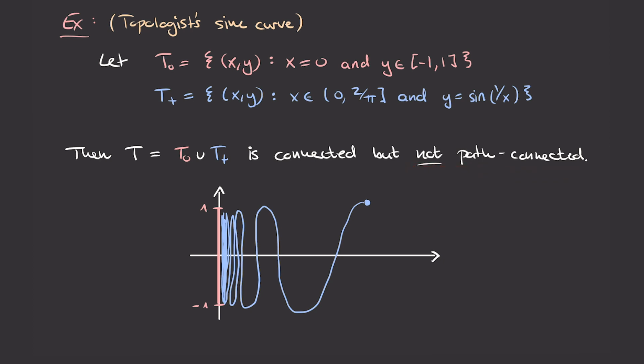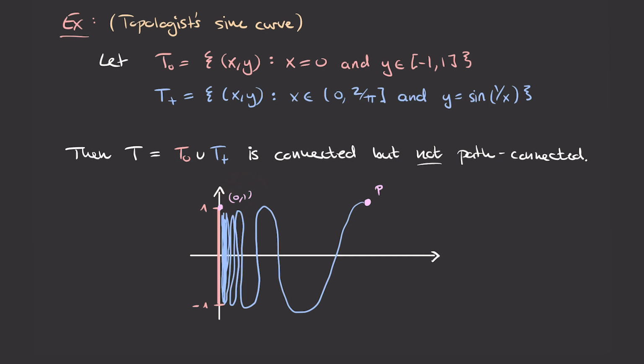The reason for this is that there are two points in T, for example this point here, which I'll call P, and this point up here, which is the point (0, 1), which cannot be connected by a path. Intuitively, this is the case because any path that starts at P has to follow along this graph of sine of 1 over x, and this graph starts oscillating wildly here, and it basically never reaches this point (0, 1).